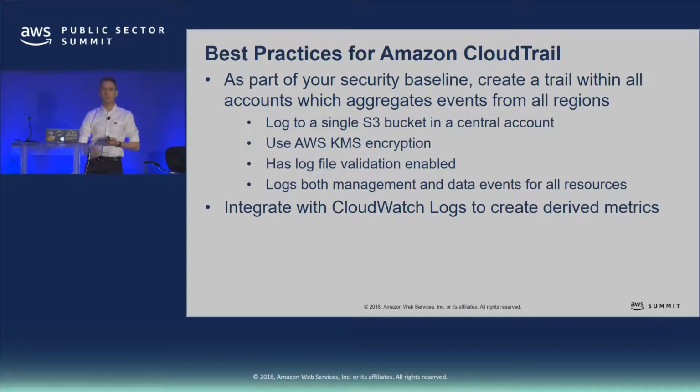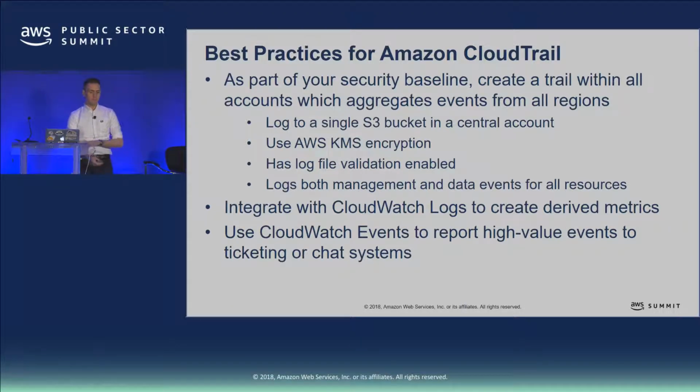If this API is being called once in a 5-minute period, I can alarm on that built in without having to build the parsing myself. And use CloudWatch Events to report high-value events to your ticketing or chat system. So if you are using Slack or HipChat or something like that, you can create CloudWatch Events that are listening to CloudTrail events and then push that right into chat, which is good for just day-to-day visibility.